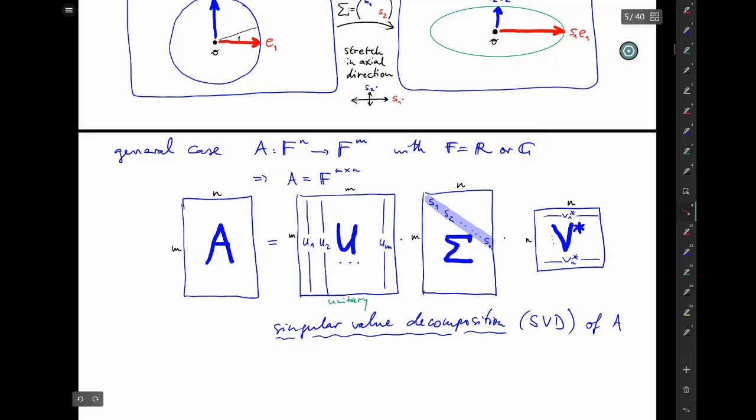Same is true for V and correspondingly V star. And this is a slightly oddly shaped diagonal matrix.